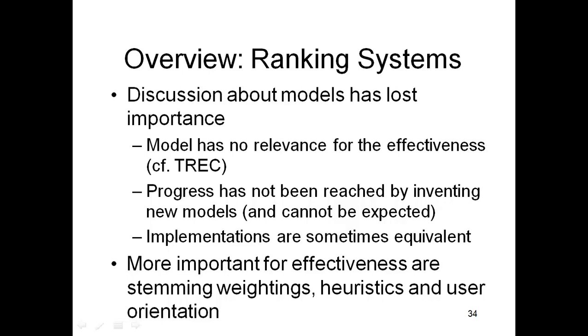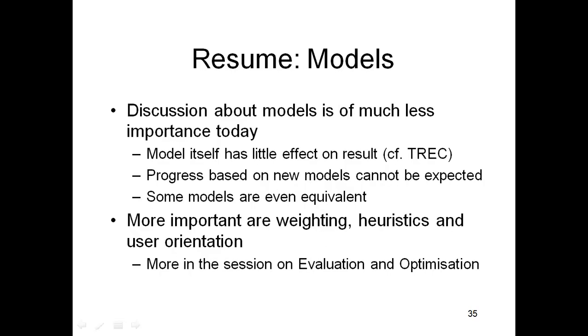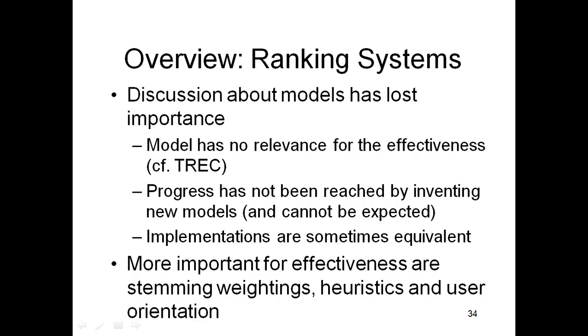One of the last inventions was the language models, which were very successful, but they sometimes leave comparable performance to the BM25 weighting model that we've talked about. But what is more important is really the implementation details.